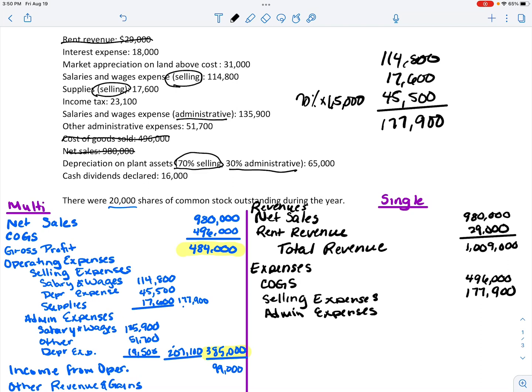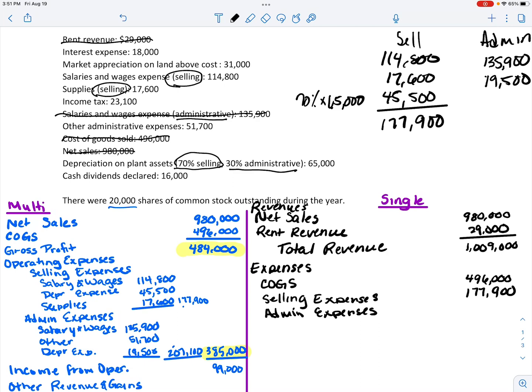And if I did that right, so this was my selling. Let's add my admin expenses I can find. I have 135,900. I have, let's see, my 30%, which I can find down here under the depreciation, which is $19,500.